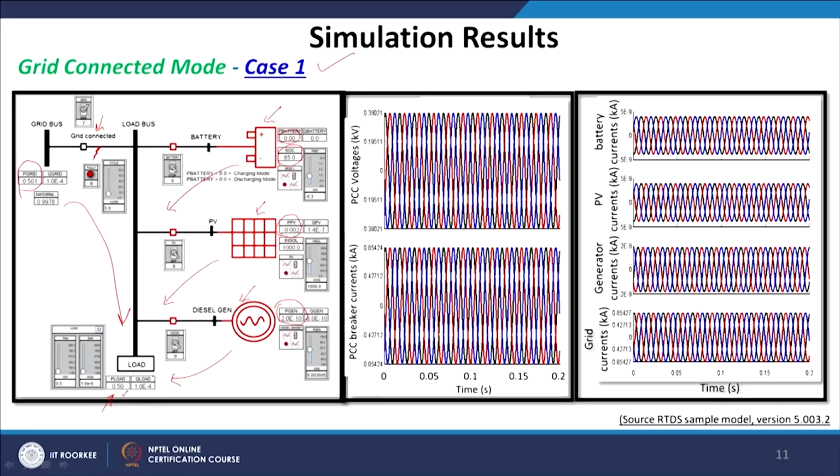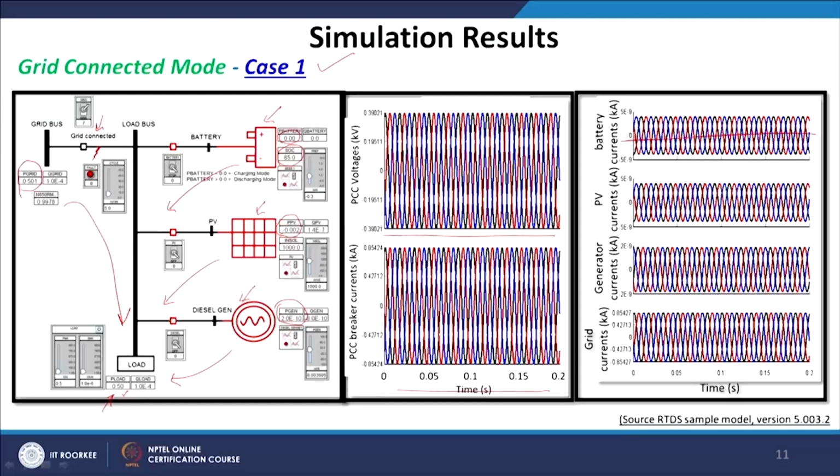And now moving to the PCC, the point of common coupling voltages, we can clearly see the voltage characteristics, and also we can see the breaker current characteristics seem to be very stable. Interestingly, we can see the battery, which though it has a signal, is very close to 0 reference.